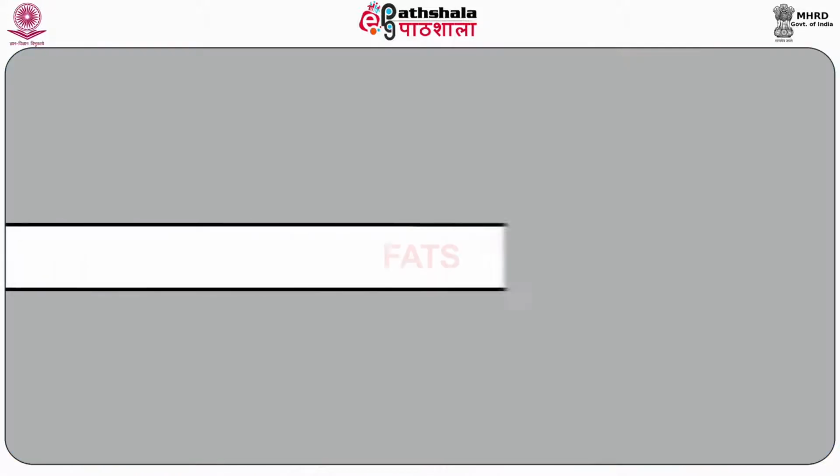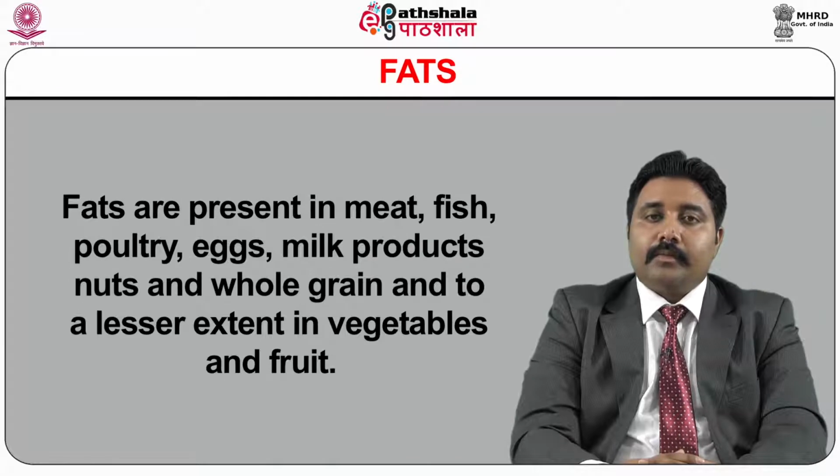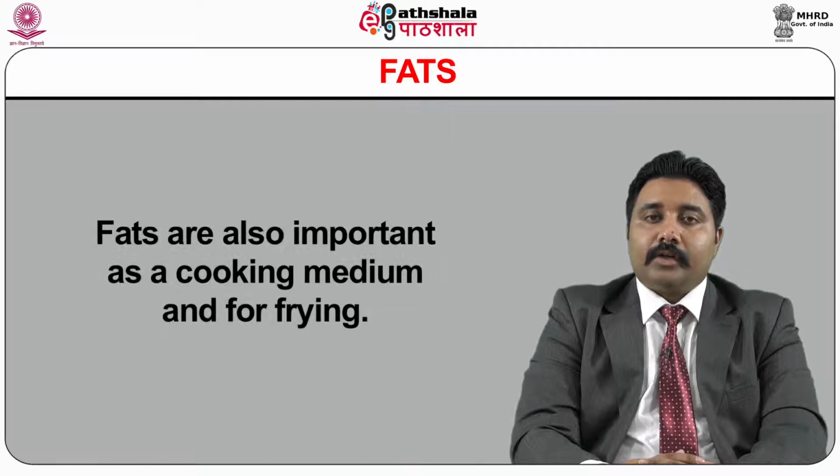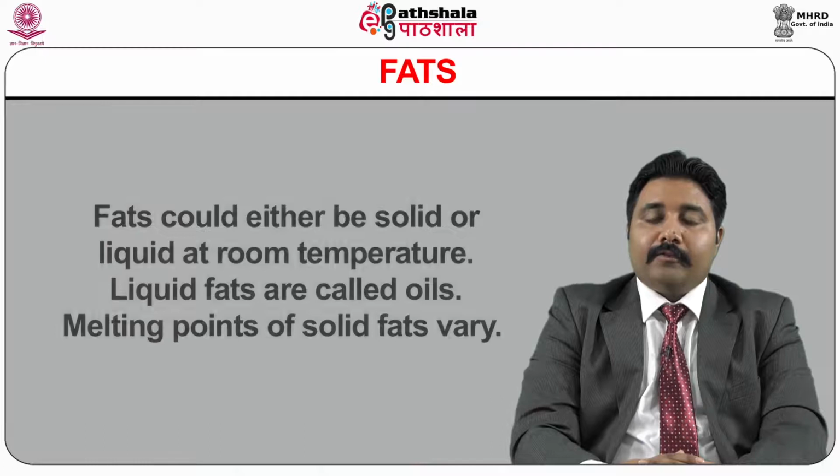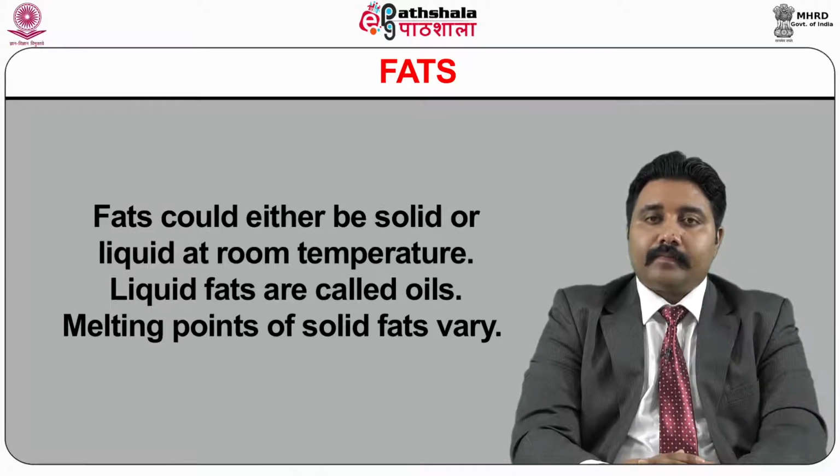Fats. Fats are present in meat, fish, poultry, eggs, milk products, nuts, and whole grain, and to a lesser extent in vegetables and fruits. Fats are also important as a cooking medium and for frying. Fats could either be solid or liquid at room temperature.